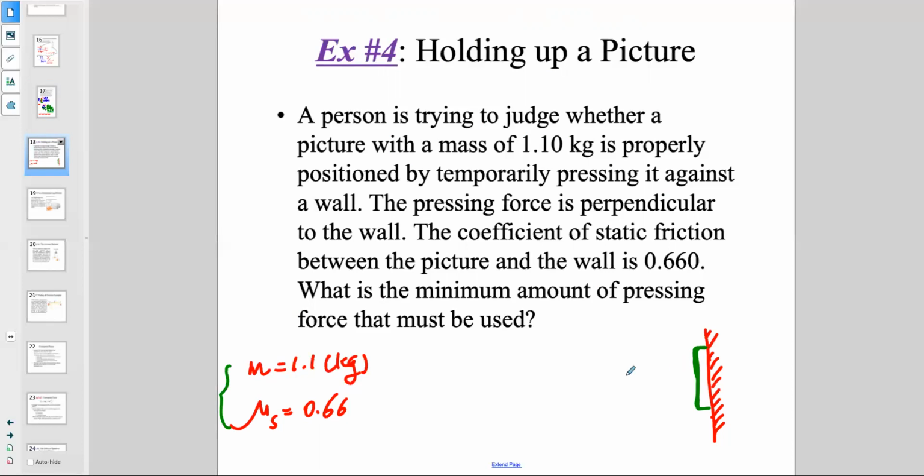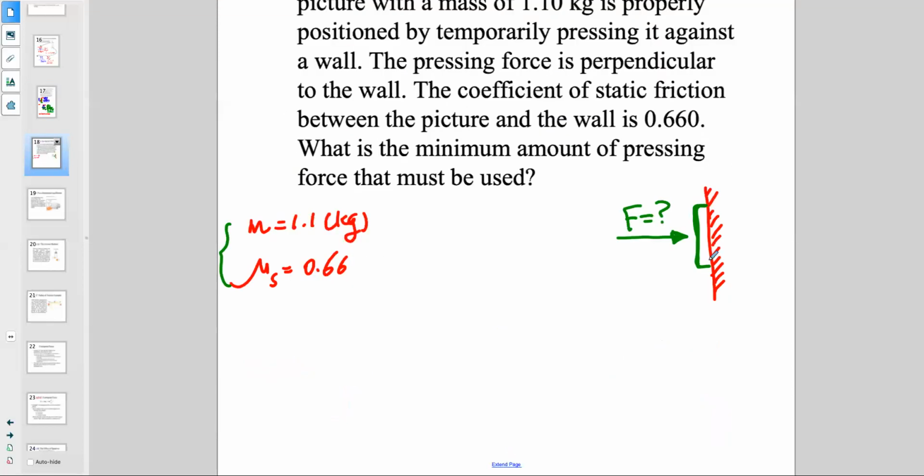So I am pressing this picture or block with a force of F, and I'm looking to find it, so I'm just going to put a question mark here. And immediately you know that this is W, or the weight, mg, the gravitational force by Earth.